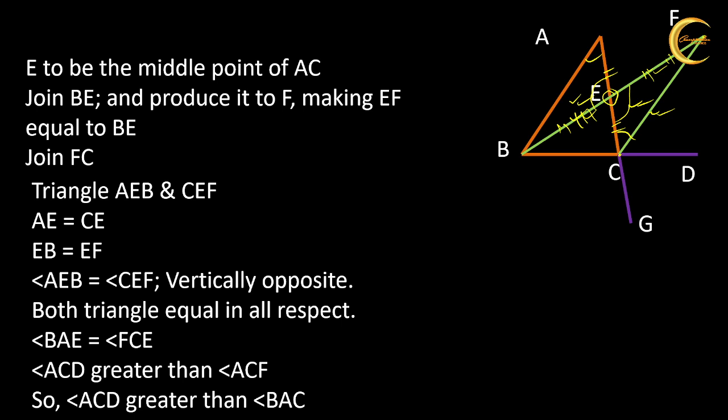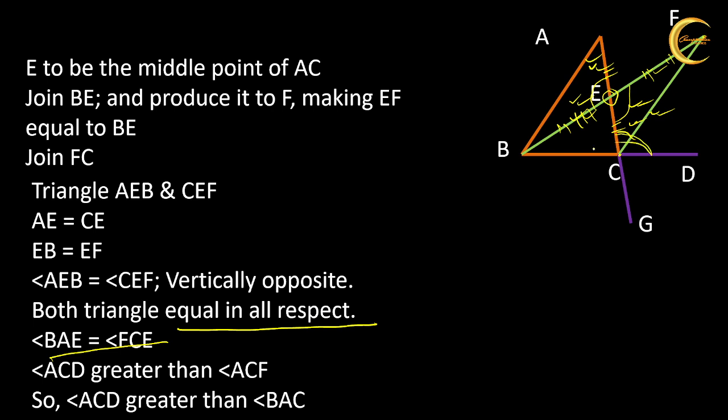Now you see these two sides and one angle are equal for these two triangles. So we can say these two triangles are equal in all respects. And we can say this BAE angle is equal to FCE.